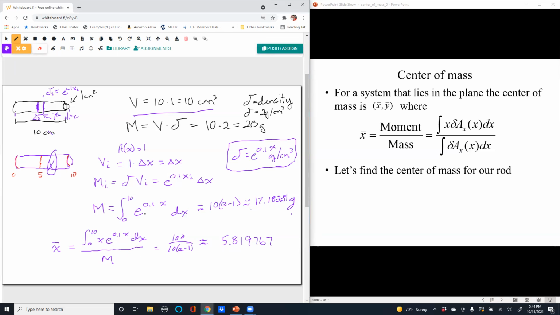We took an integral that we know had units in grams, and we added an x to it. So basically, this integral on top has the same units as the mass times the unit of x, but we're going to have the units of mass down here. So the units of mass cancel out, and we just get left with the units of x.